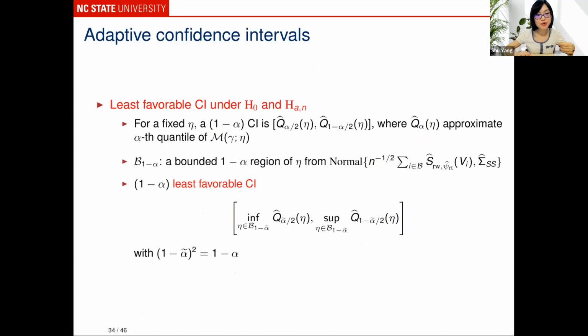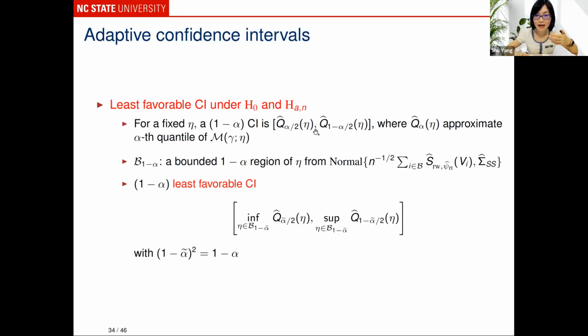Now, the last issue is how we're going to construct a least favorable confidence interval under the null hypothesis and the local alternatives. We do this step by step. So for any fixed eta, we know how to construct the 1 minus alpha confidence interval because we know that the TBI estimator follows a mixture distribution, right? We can just take the proper quantiles.